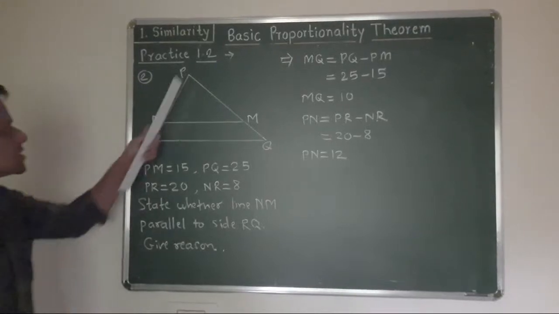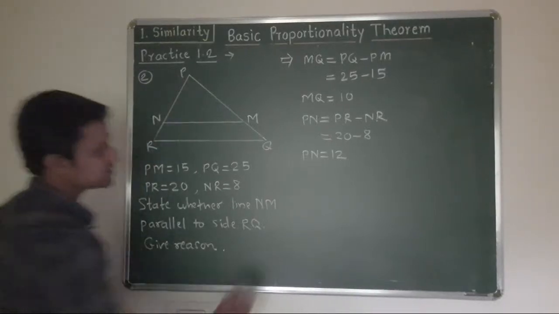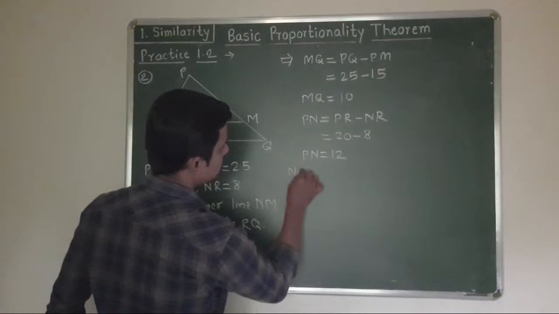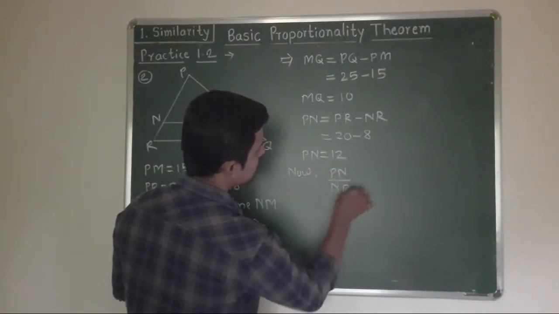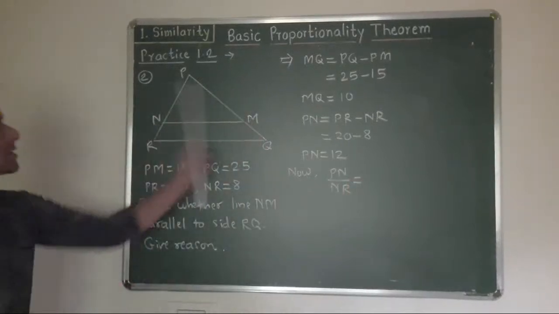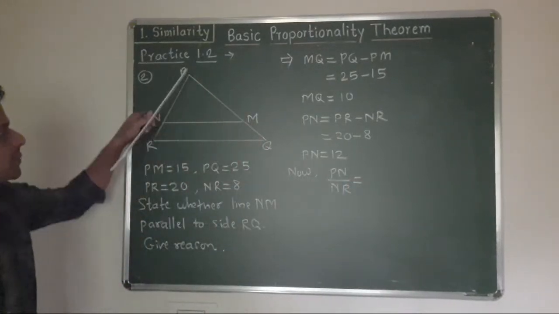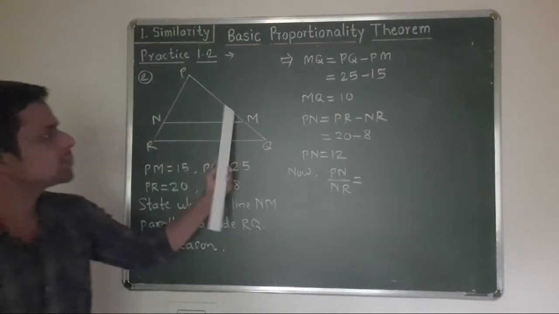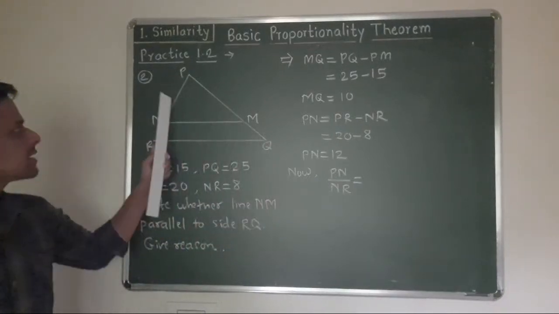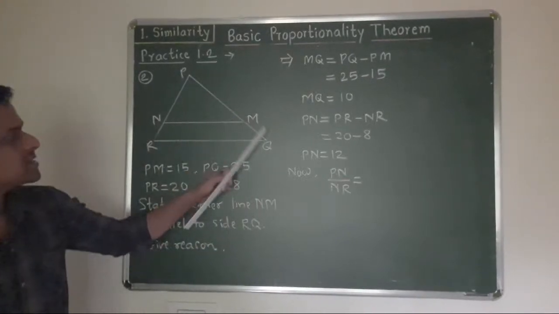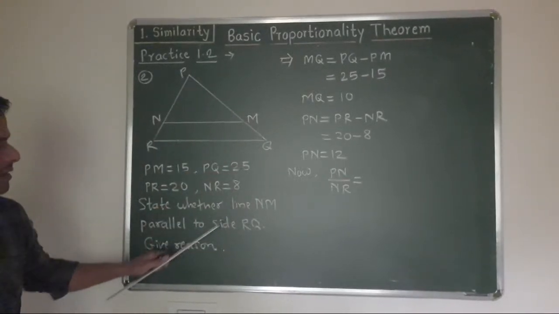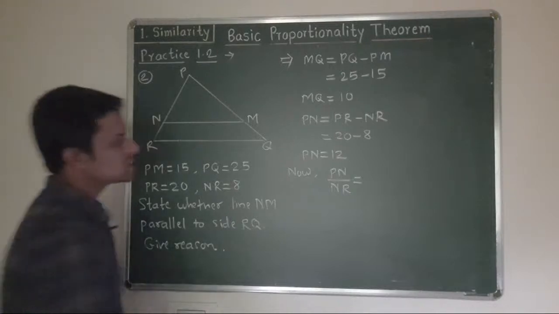Now we'll take the first ratio, PN upon NR, separately, and PM upon MQ separately. Write statement number 1 for this and statement number 2 for this. If these two statements are the same, then it will be parallel by the converse.